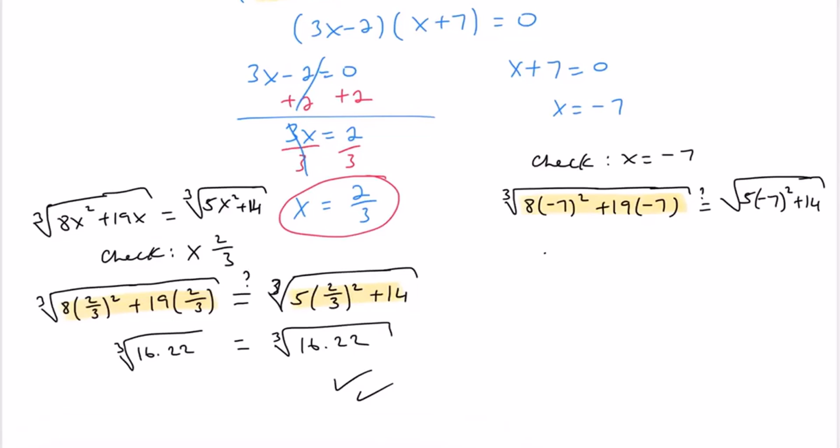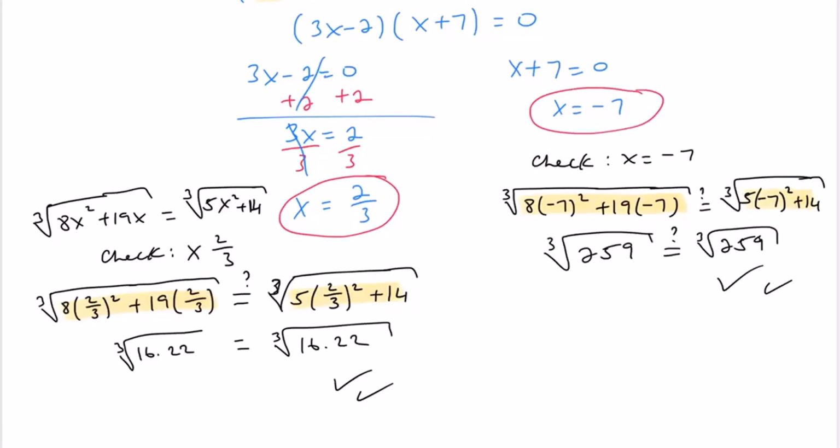So we have the cube root of 259. And then on the right side, if we calculate the inside of the cube root, we also have 259. So they are the same. So here -7 is also our answer.